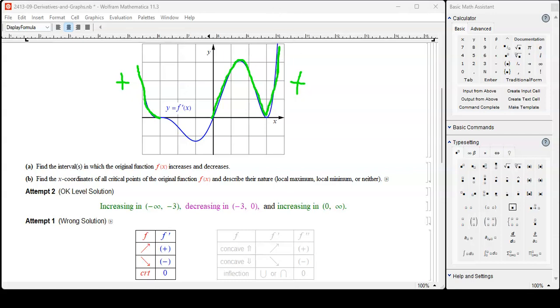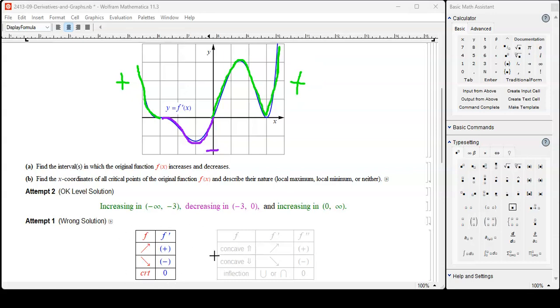But this portion is below the x-axis, so negative. So positive derivative, original increases; negative derivative, original decreases. Positive derivative, original is increasing, using this table here.